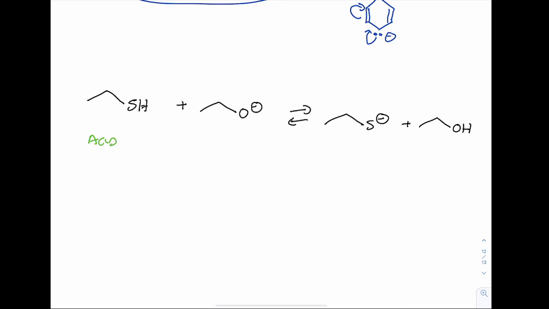So this is my acid, my base, my conjugate base, and my conjugate acid. Again, remembering that if we're looking in the reverse direction, the conjugate acid is just the acid, the conjugate base is just the base, and then the reactants that I have labeled acids and bases are my conjugates.